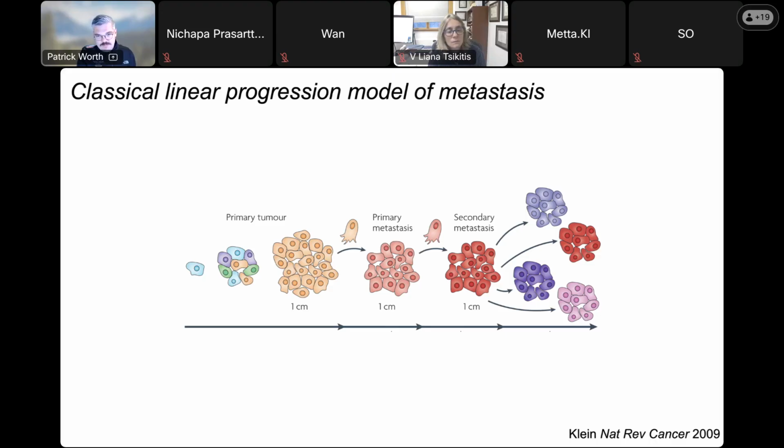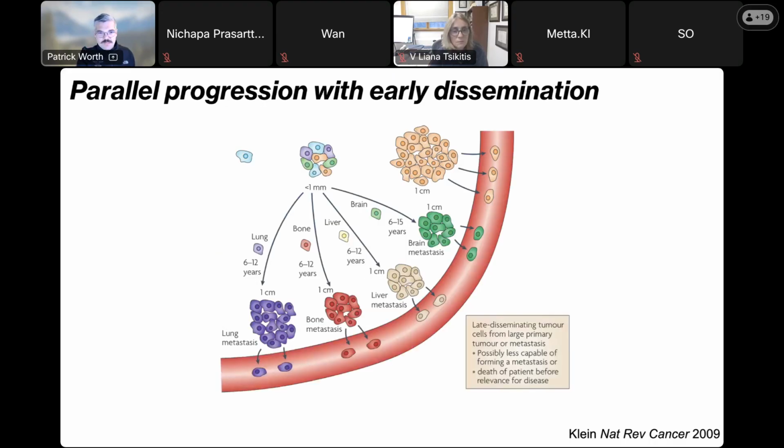as we're thinking about what we actually know about where pancreatic cancer metastases come from and why we see them in the kinetics that we do. I think what's much more likely in pancreatic cancer and in a number of malignancies is a more parallel progression model, where clones of cells are potentially developing in multiple locations and developing different abilities to metastasize.